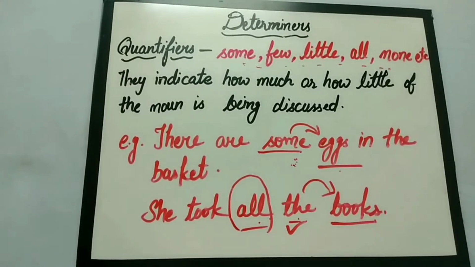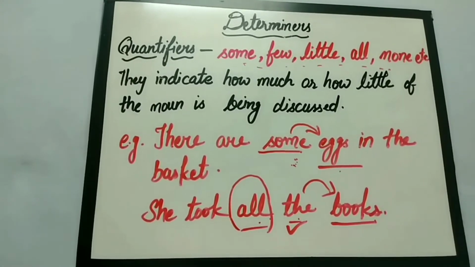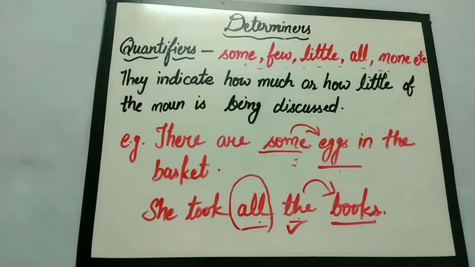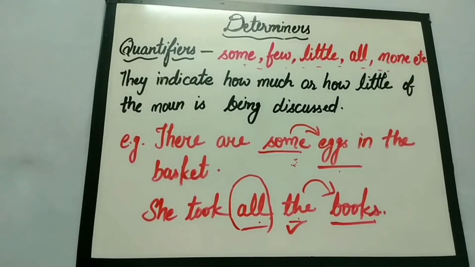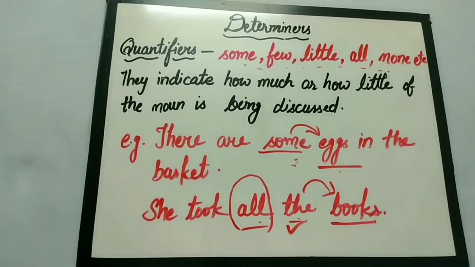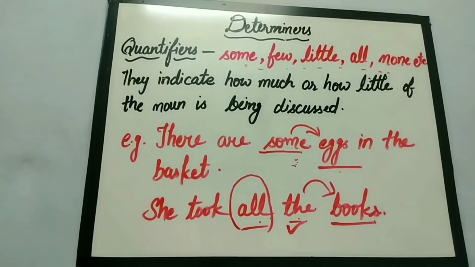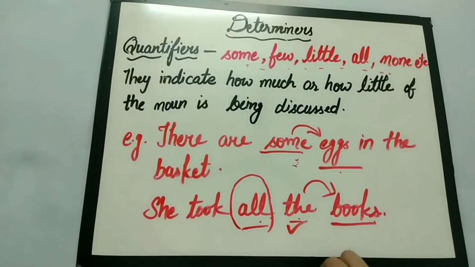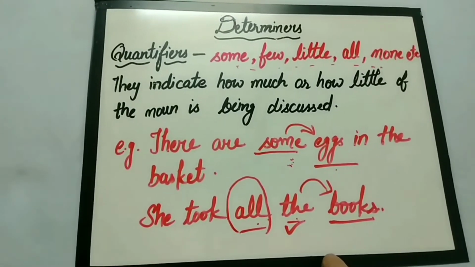For example, books and eggs are countable nouns which we can count in numbers. And uncountable nouns are like sugar, rice, hair. So these are used differently with countable and uncountable nouns.